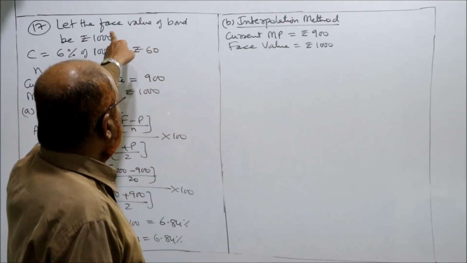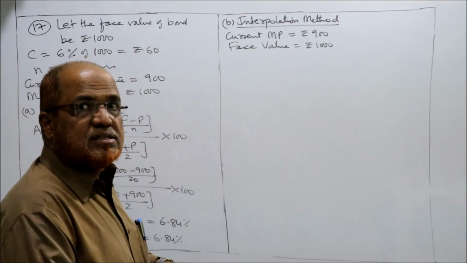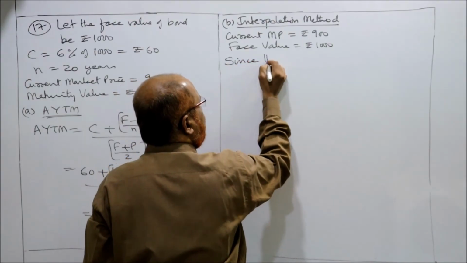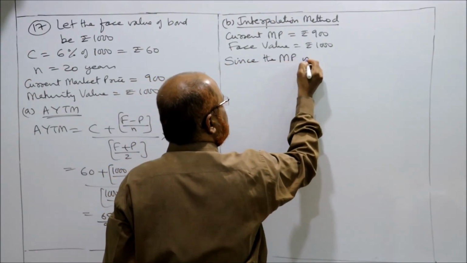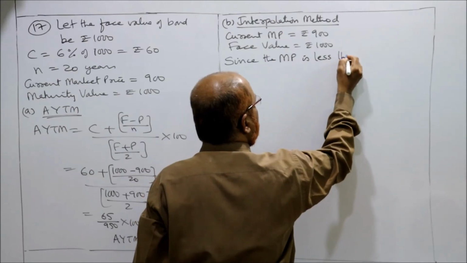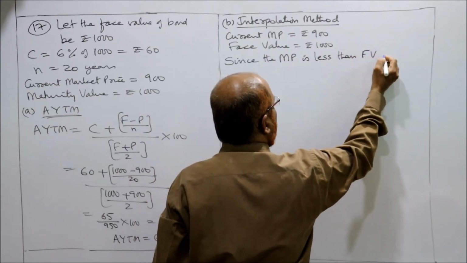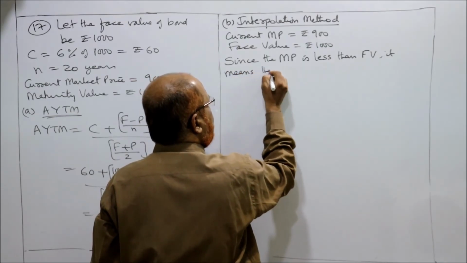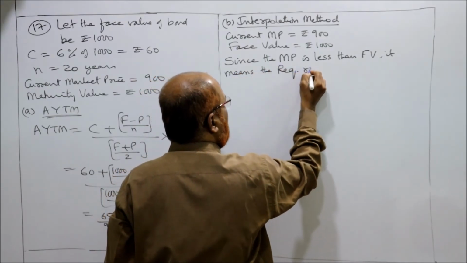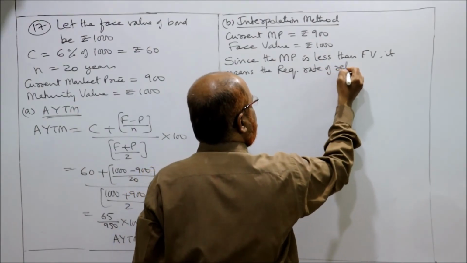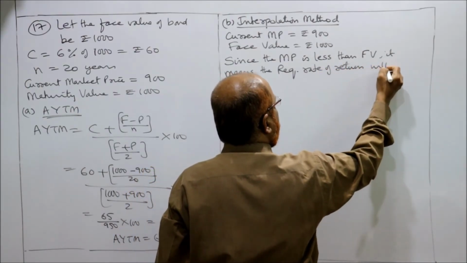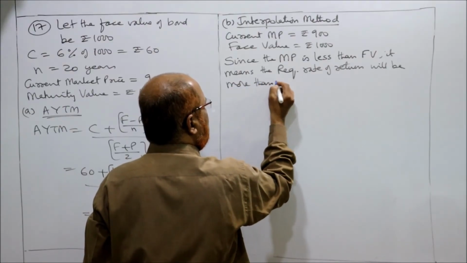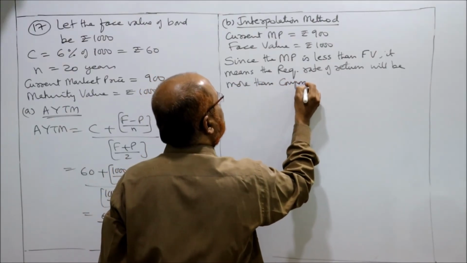Required rate of return is more than the coupon rate. Coupon rate is 6%. So I am writing one sentence. Since the market price is less than face value, it means the required rate of return will be more than the coupon rate.